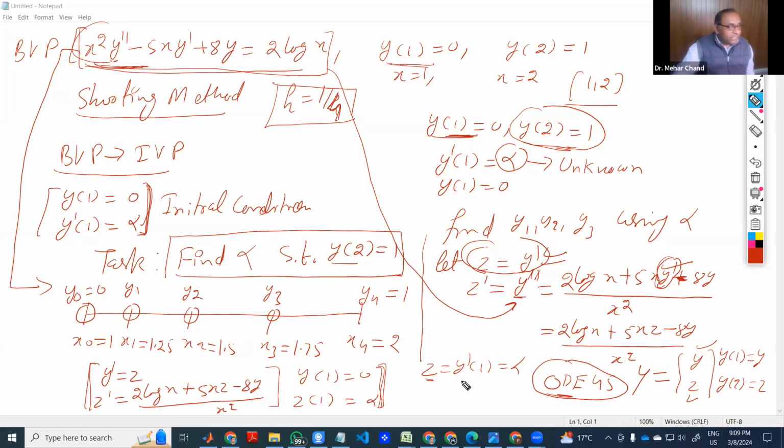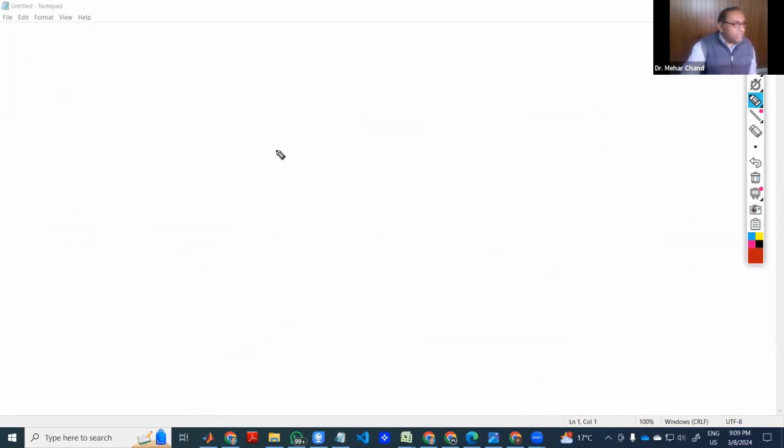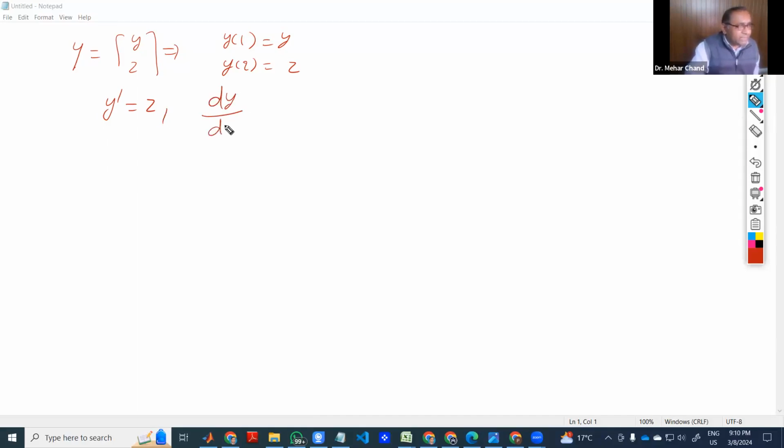Again, I am repeating the same step. Y is equal to y and z, which implies y1 is equal to y and y2 is equal to z. And also y dash is equal to z. The meaning is that z, dy upon dx, will be equal to f(x, y).